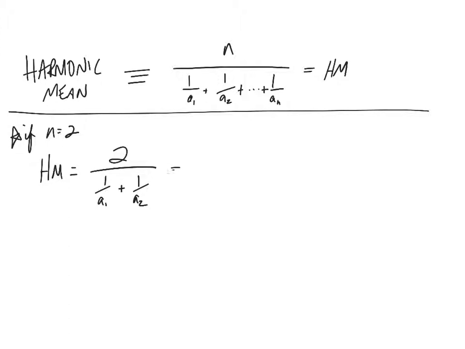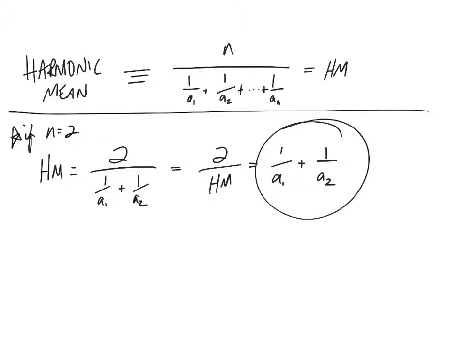And so we can write it this way. And notice all that's different here from that resistor equation is that the 2 multiple. And this right-hand side will be that product over sum business that we saw when we were back in circuits. All right? So basically our harmonic mean will end up being 2 times the product over the sum.